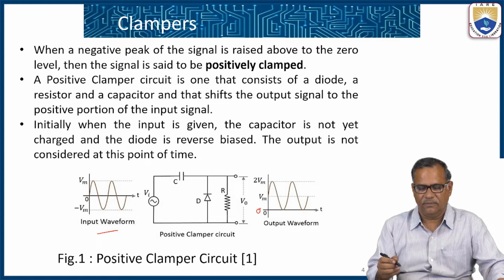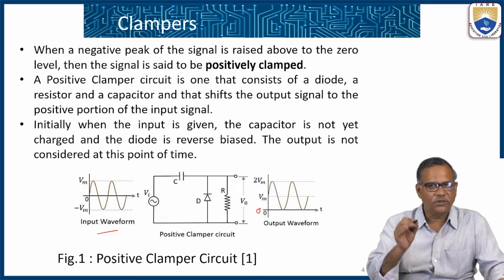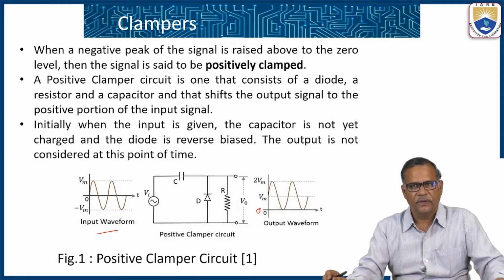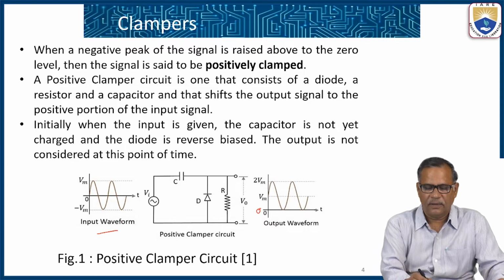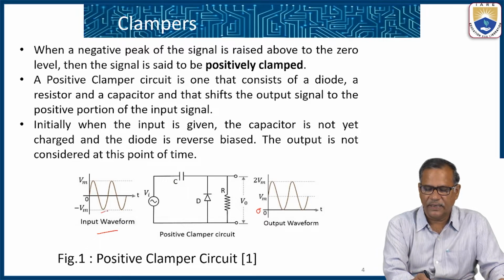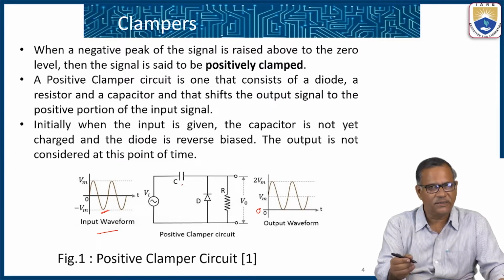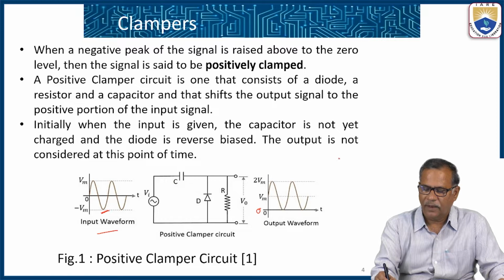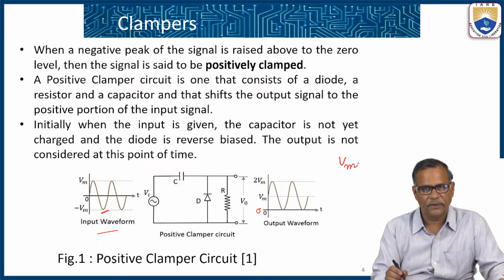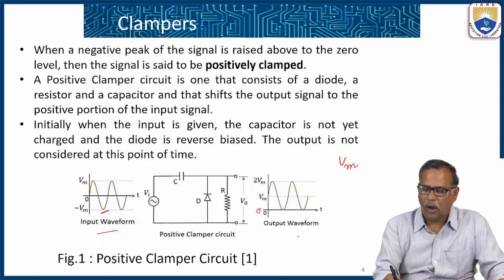So how does it work? Initially the charge across the capacitor is 0, and when the voltage is negative, the diode is in forward bias and the capacitor gets charged to Vm, and thereafter the output voltage V0 is equal to Vi plus Vm.